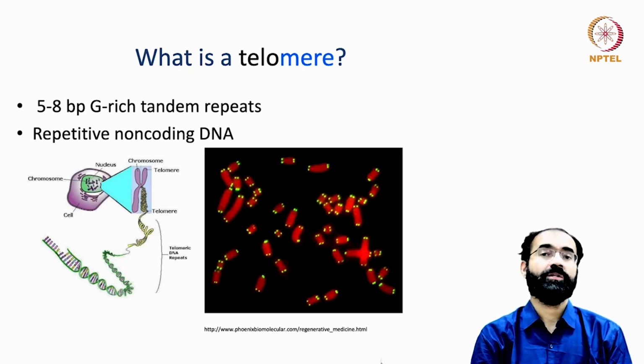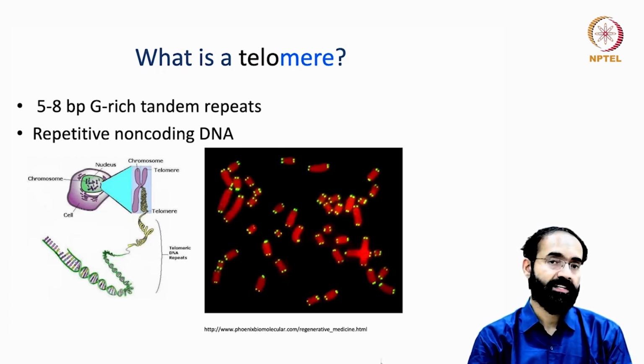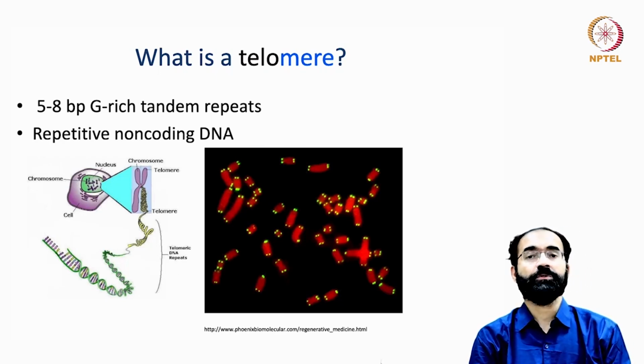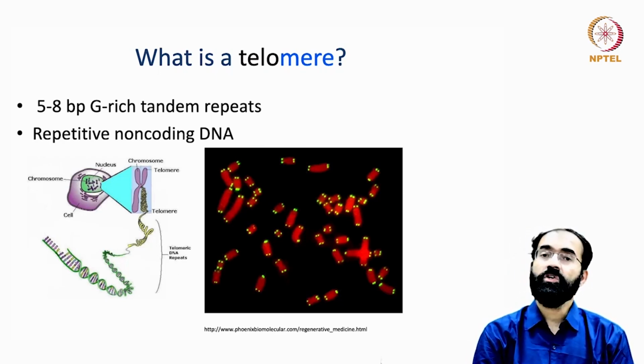So this will lead to a reduction. The parental chromosome was 1 to 100, but the daughter chromosome is 1 to 100 in one strand and the other one is only 1 to 90. In subsequent generations it will go lower than 90, it will become 80, then 70. So eventually one chromosome can disappear. That should not happen, right?